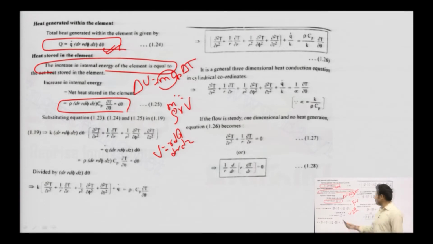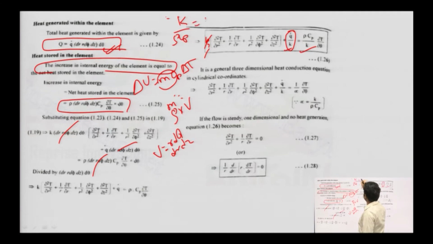Substituting everything, now what you need to do is cancel all these. You can divide by K, so K by K goes off, and we all know that K by rho Cp once again is alpha. So here it is 1 by alpha, and done.